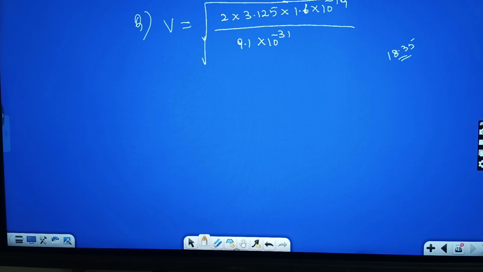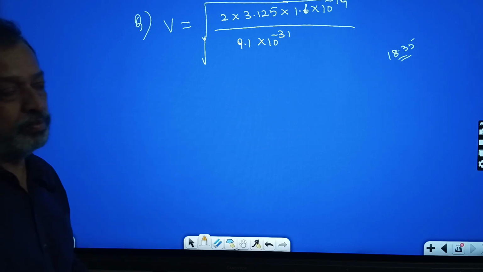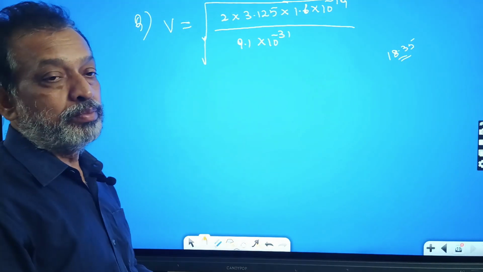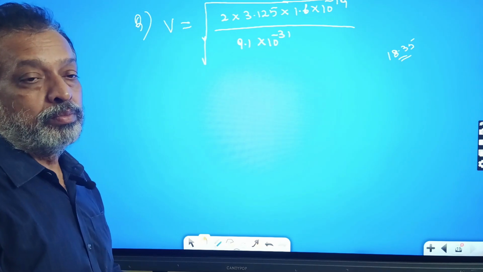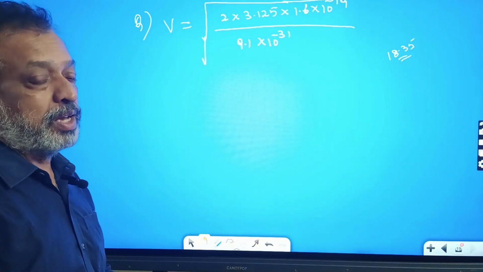What is the answer? These are our previous problems only. NEET and JEE previous problems, values. Can you give the answer?